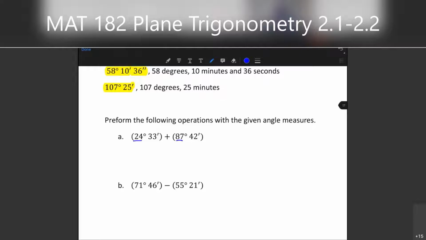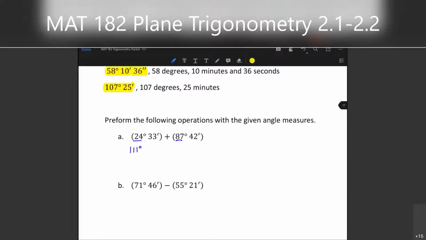So if I added 24 and 87, what would my full degree sum be? 111. Okay, so we'd have 111 degrees total.